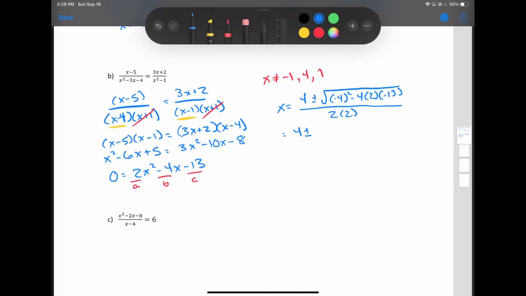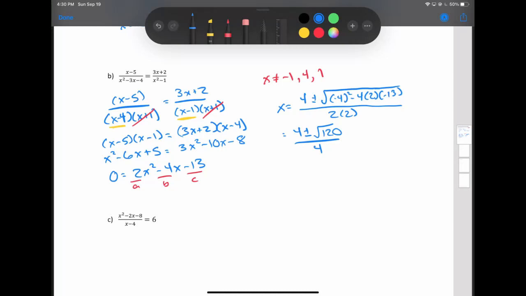And now inside that radical, negative 4 squared is 16. Negative 4 times 2 times negative 13. That all works out to be root 120. And now my suspicion I know is correct. That's not a whole number, so we would never have been able to factor it. What I can do though is say that 120, is it divisible by any perfect squares?